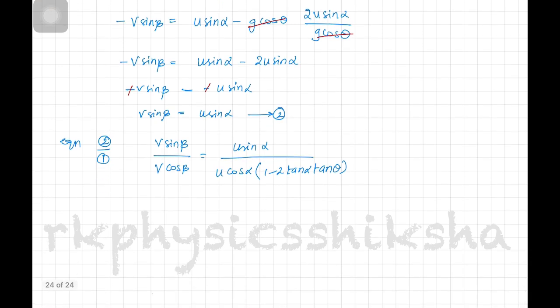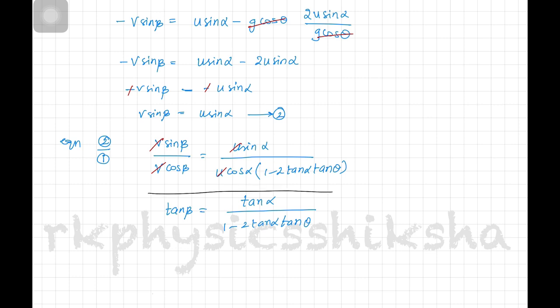So here V and V get cancelled, u and u get cancelled. So sin beta by cos beta is tan beta. So tan beta is equal to tan alpha, sin alpha by cos alpha is tan alpha, divided by 1 minus 2 tan alpha tan theta. So you get the angle with which it will strike the ground in terms of alpha and theta.